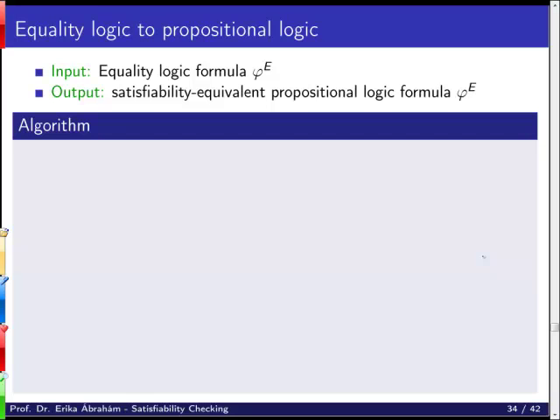First, we construct the equality graph. This implies a certain abstraction for the equalities, and using this abstraction, I can encode the Boolean skeleton.